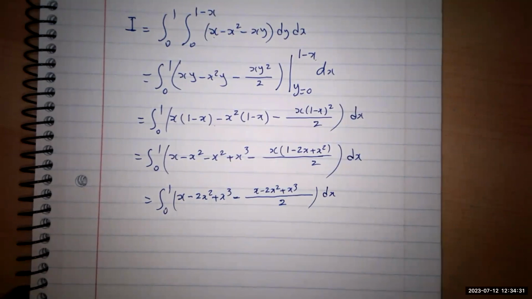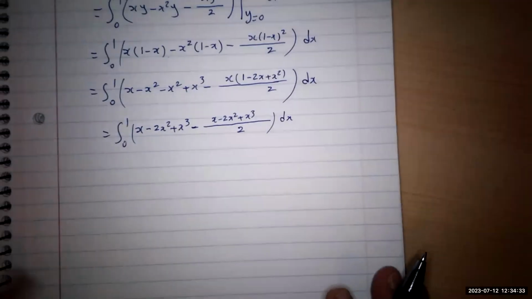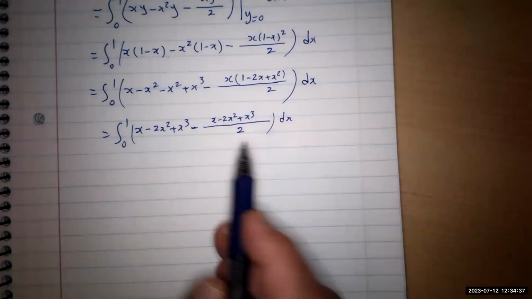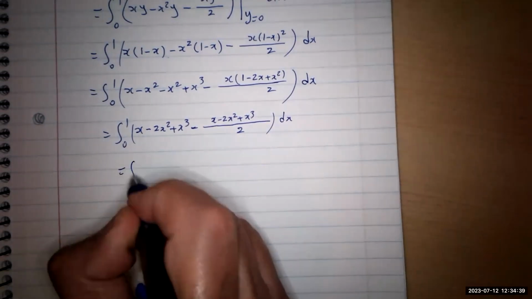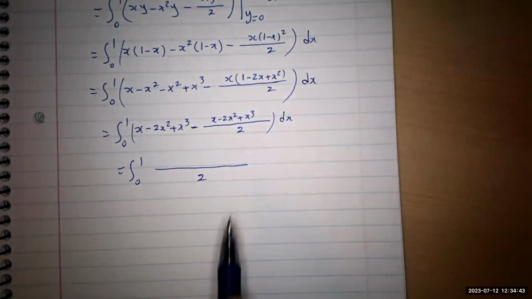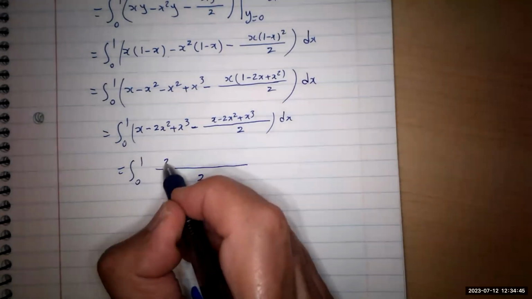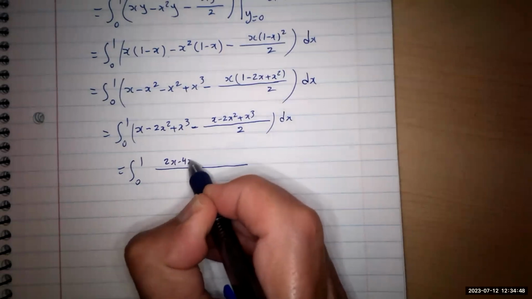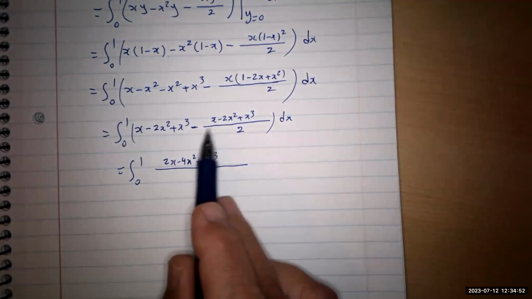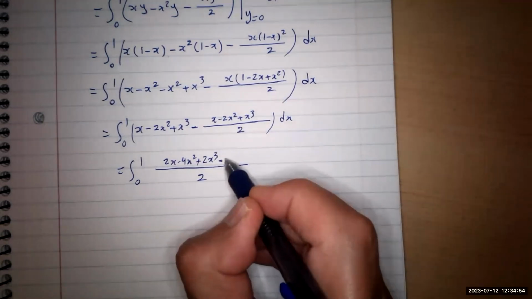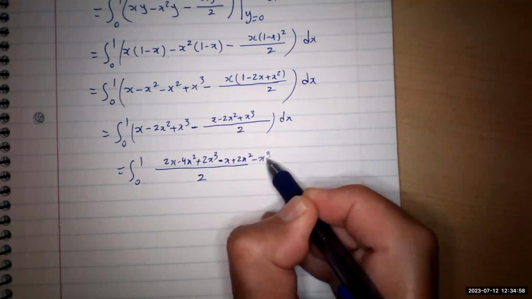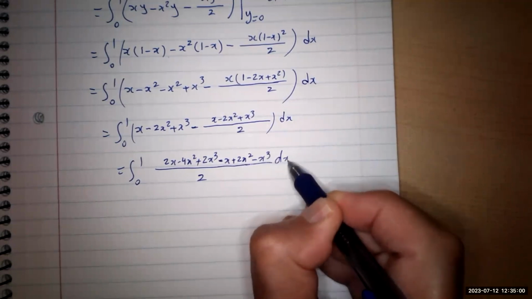You have to find a common denominator, it depends which one you prefer. If you put the 2 here, it's going to be 2 times 2x minus 4x squared plus 2x cubed. Apply this negative sign to everything on the top: negative x plus 2x squared minus x cubed dx.